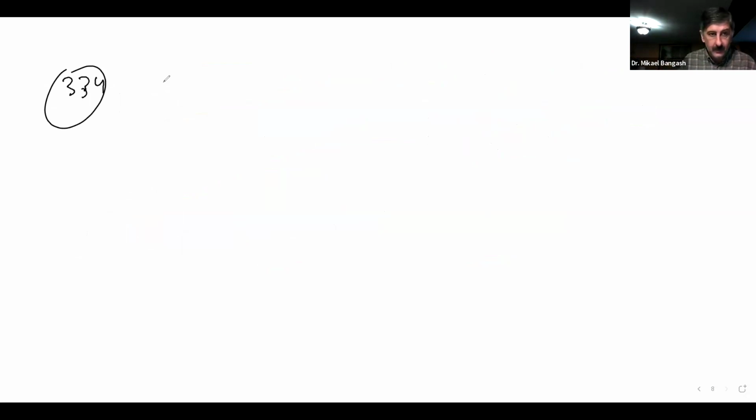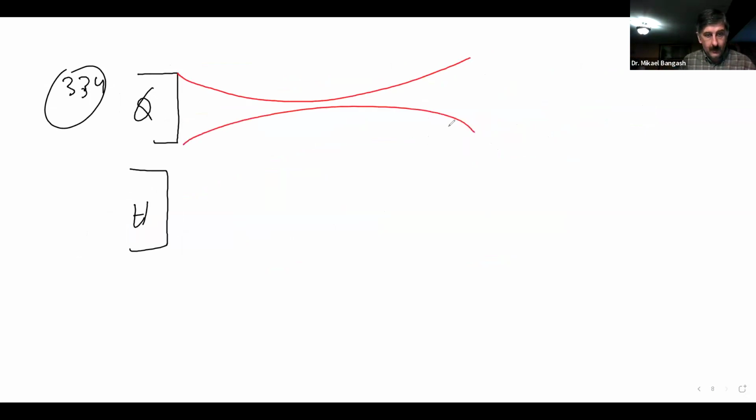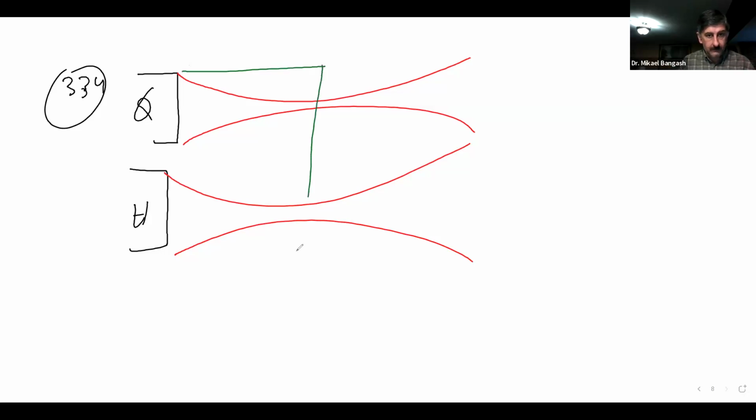So we have system Q and system H, and we have a beam and a beam, and what do they both have? They both have the same focal length of 8 centimeters.